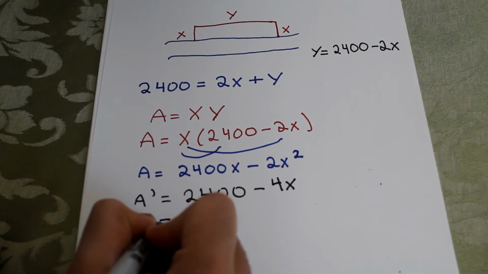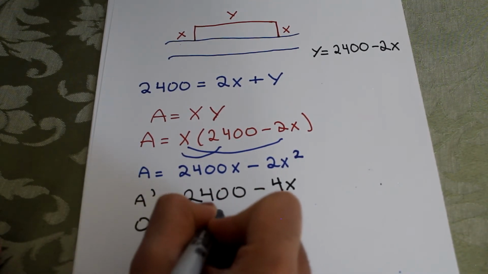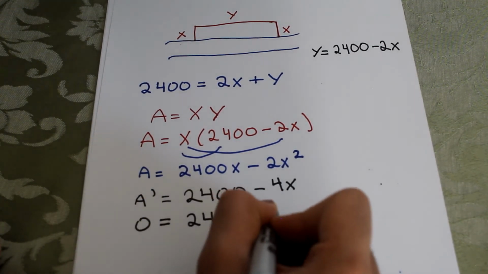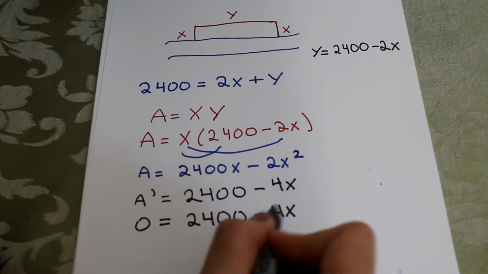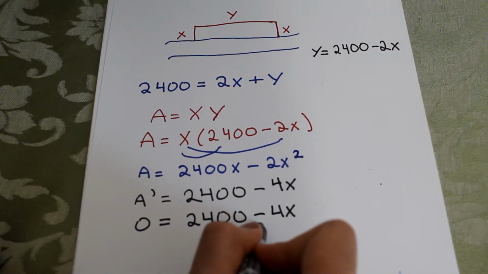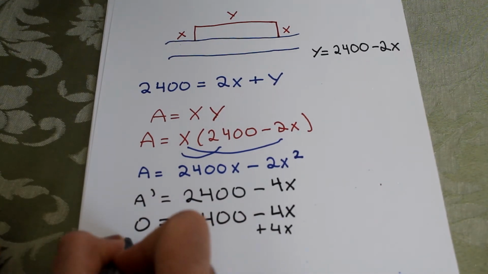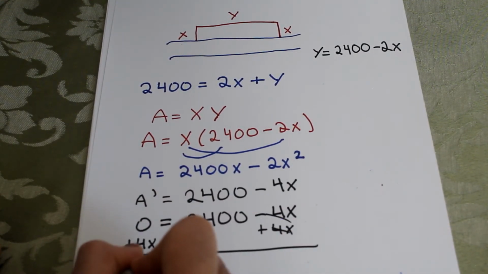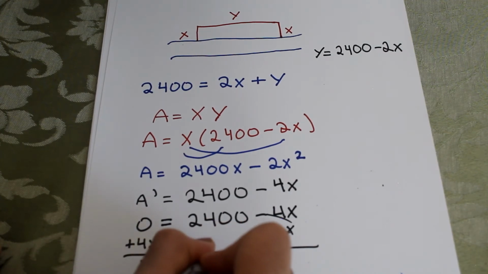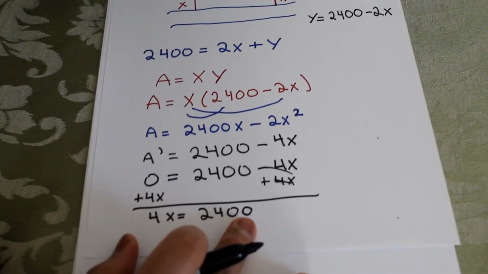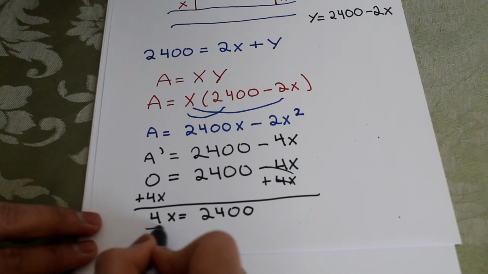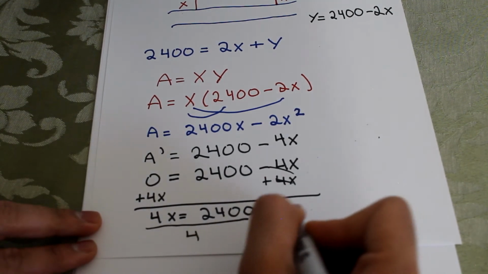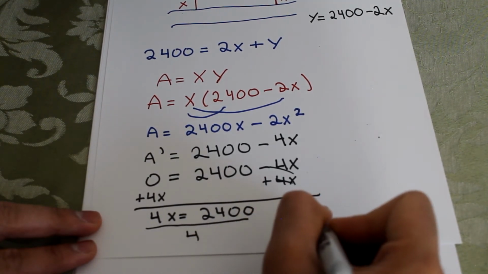So 0 equals 2,400 minus 4x. Now we can isolate the x, add 4x to both sides, for 4x equals 2,400. Then just divide by the 4, x equals 600.